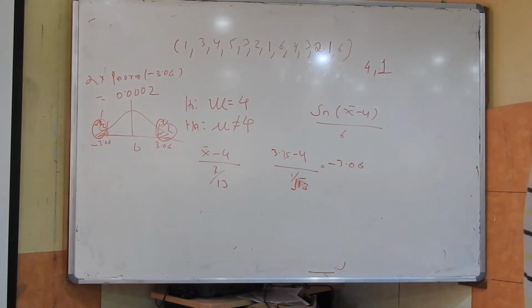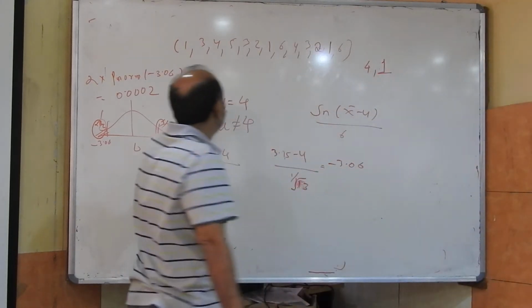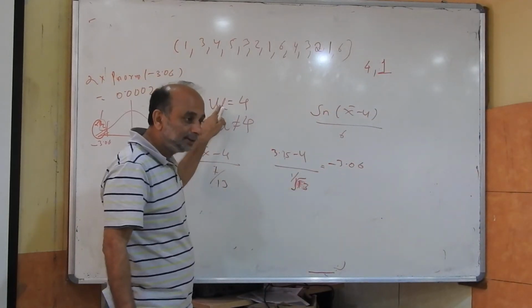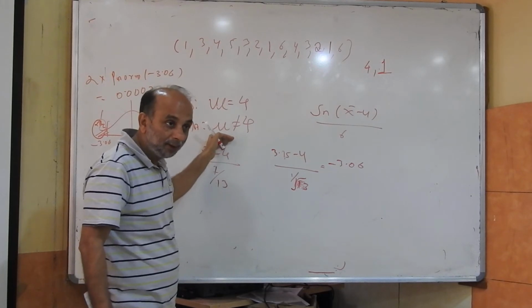If what I see is too low or too high relative to what I believe, I'm going to say that what I believe might not be correct. So I'm going to be surprised either way. I'm going to look at x bar and give up this hypothesis and reject this in favor of this.